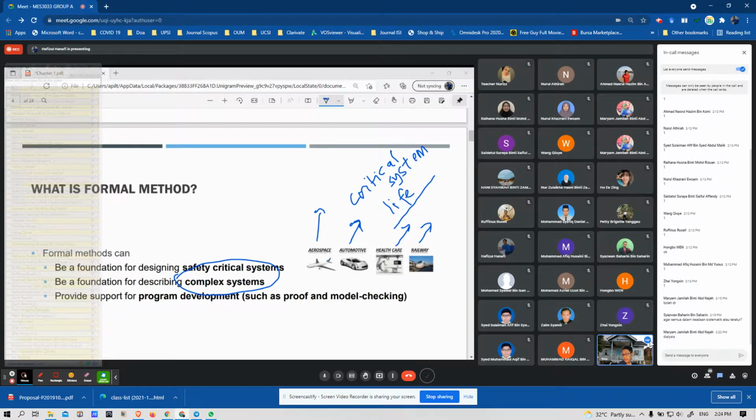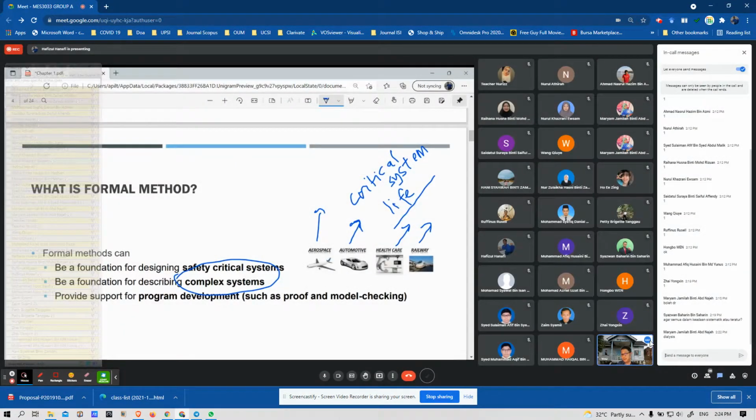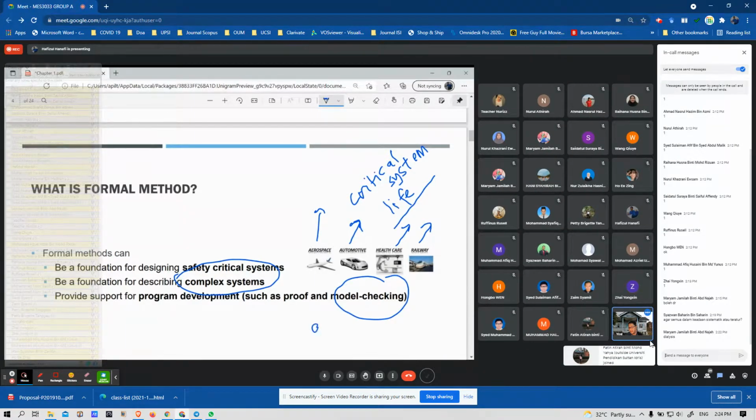Model checking is abstract, more on the abstraction representation of the system. Proof and model checking is also looking at the system behavior.